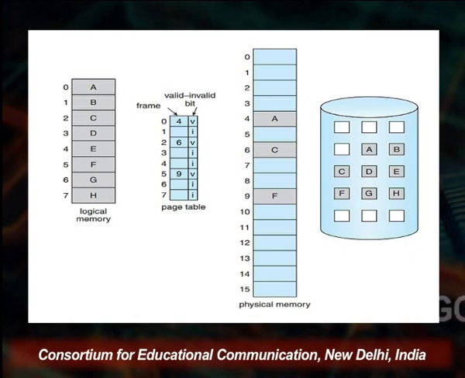So, only number 4, number 6 and number 9 are available. All these bits are set to V, other bits are set to I. So, there is some kind of hardware which is going to make this demarcation with the help of the valid invalid bit.